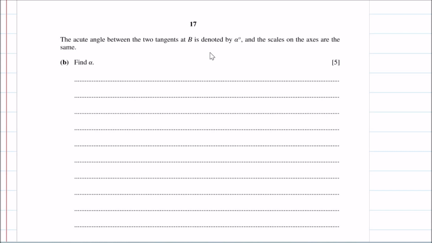Let me write it here: tan alpha is equal to m1 minus m2, or m2 minus m1, whichever is bigger you have to write first, over 1 plus m1 into m2.